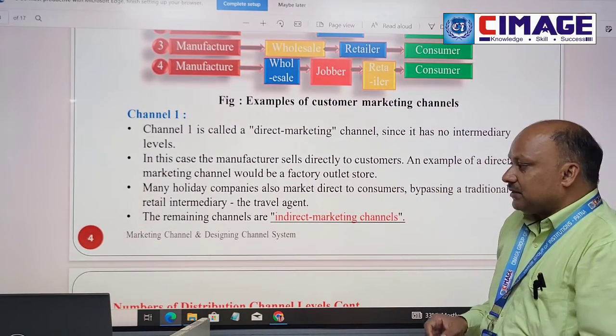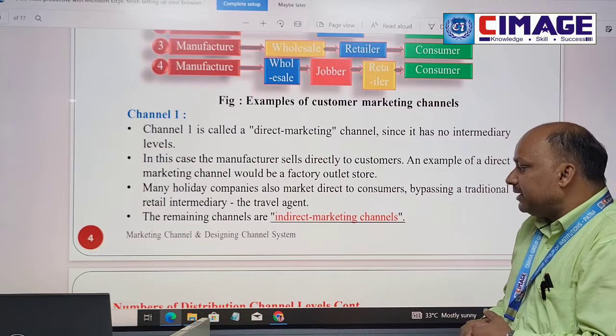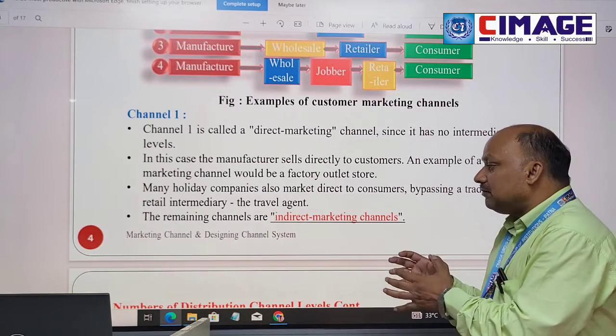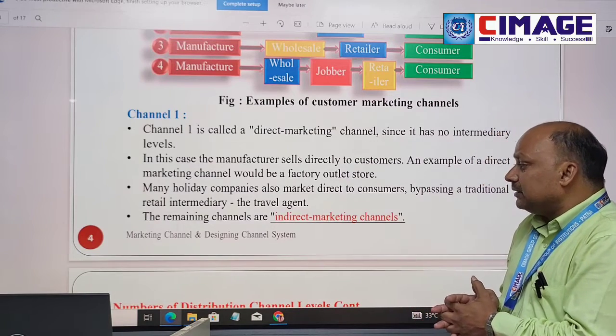Another example: many holiday companies also market directly to consumers, bypassing a traditional retail intermediary, the travel agent.